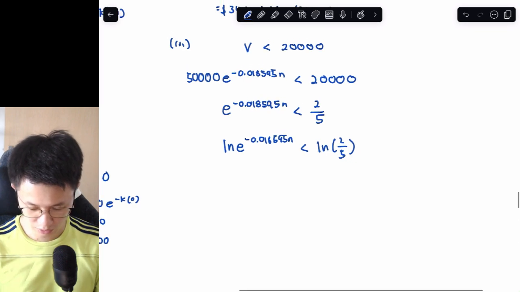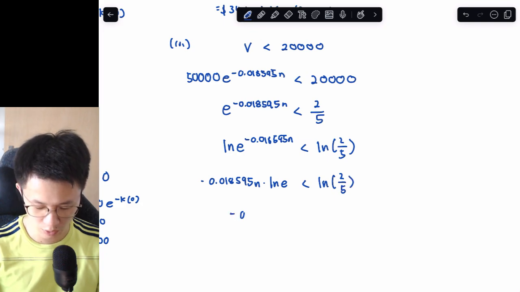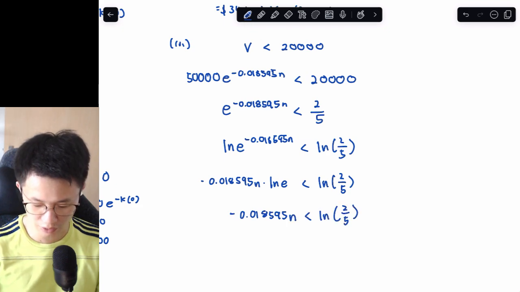Then we will have negative 0.018595n times ln e less than ln 2 over 5, where ln e gives us 1. So we have negative 0.018595n less than ln 2 over 5.